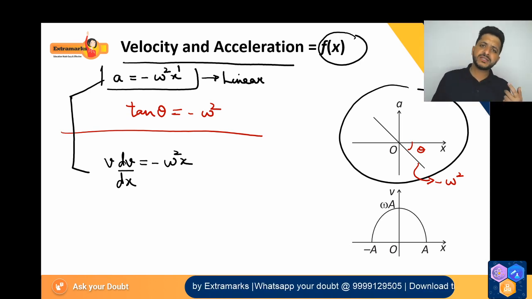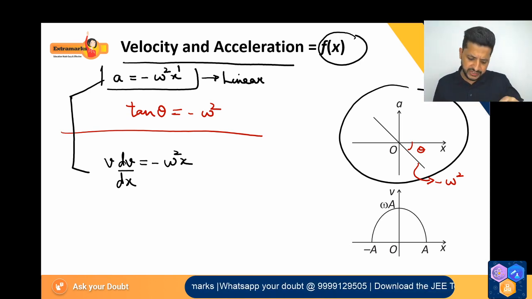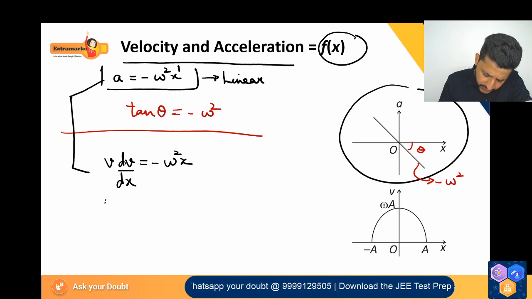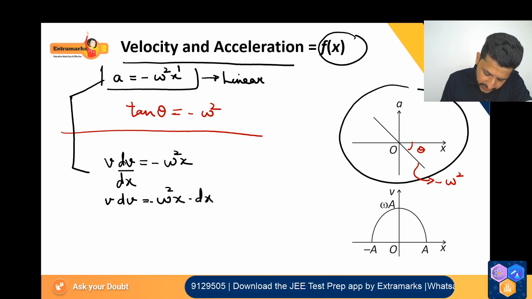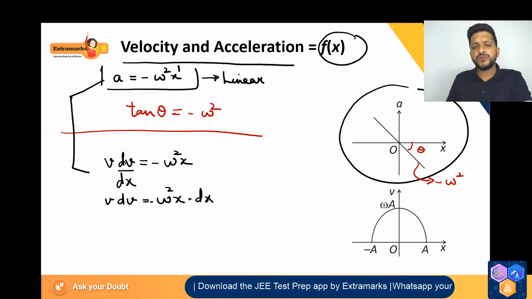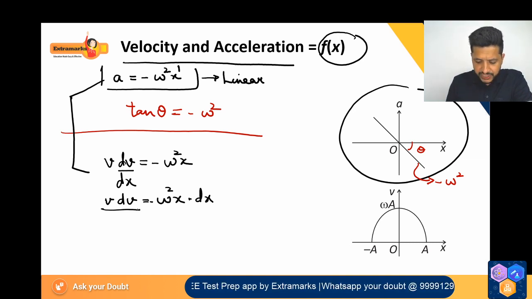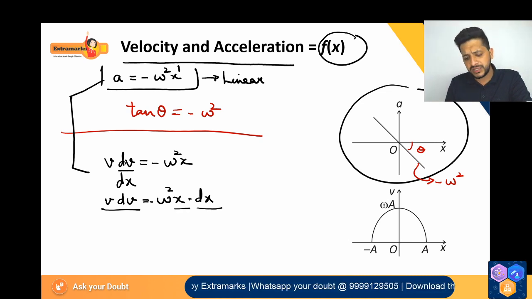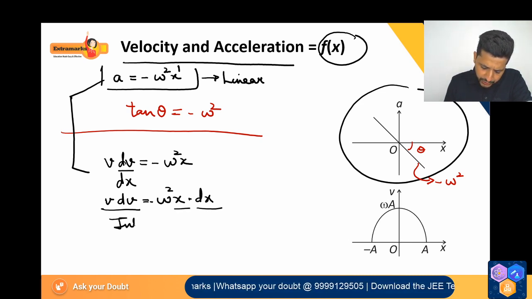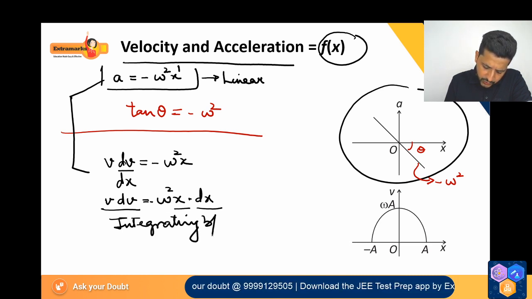We know from kinematics acceleration can be written as v dv by dx, or I'll write v dv is equal to minus omega square x into dx. Students, what do I need to do next? We have dv and a function of v on one side. We have dx and a function of x on the other side. So my next step, my intuition tells me, it has to be integration. So when I integrate both sides, what do we get?